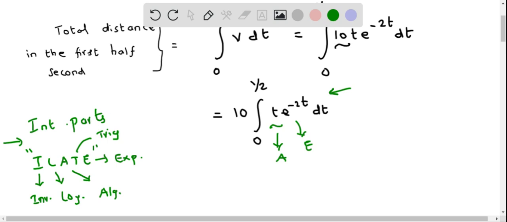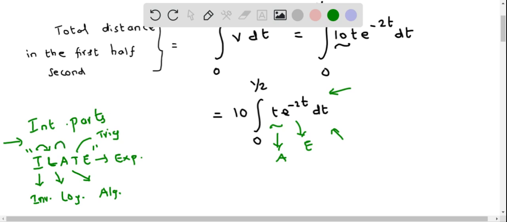Do we have an inverse function in this expression, that is in t e raised to the power of negative 2t? We don't, because we have only algebraic as well as exponential. So we move on to the next function in this order, that is logarithmic function. We don't have a logarithmic function over here, so we ignore that.